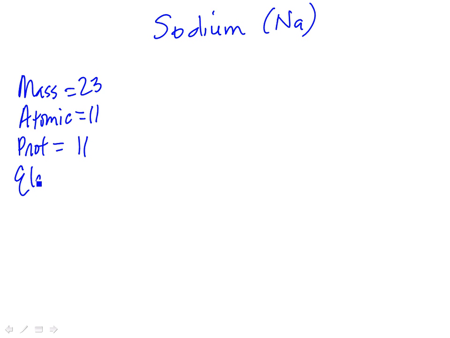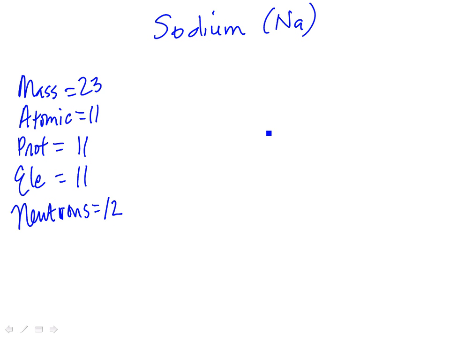Electrons equal to 11. The number of neutrons is found by doing what? That is correct. Taking our mass, subtracting the number of protons, and that gives us a number of 12.